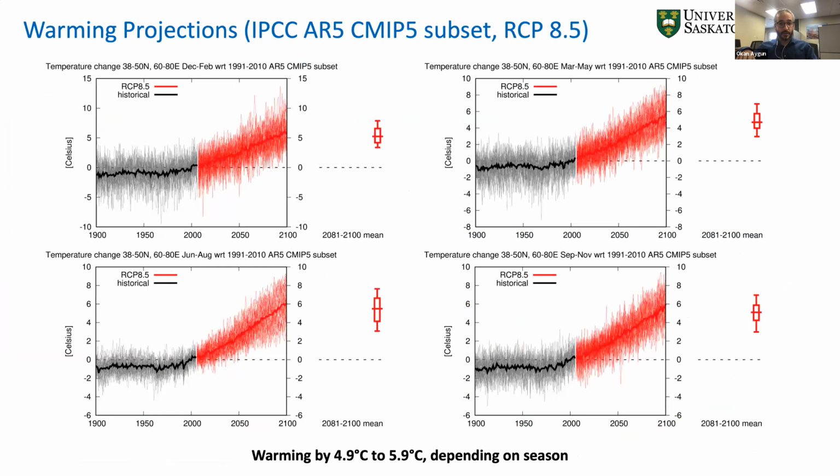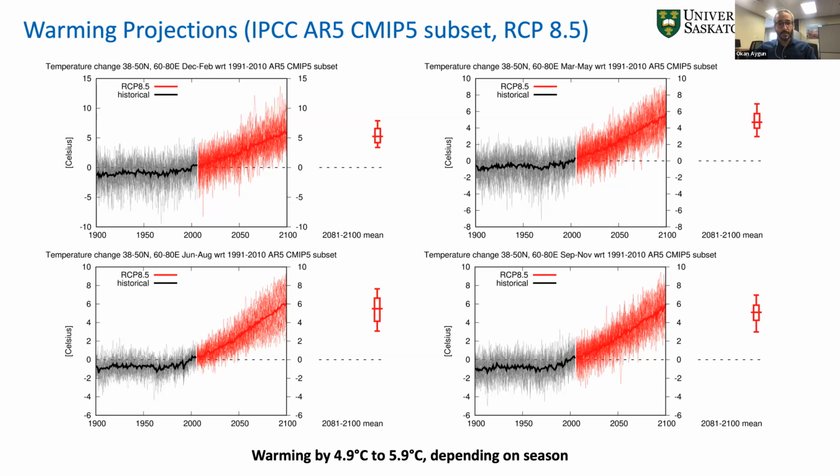Next, in order to find out the impact of future warming on the basin hydrology, we used the KNMI Climate Change Atlas to determine the seasonal warming in the region for the 2081-2100 period, using the IPCC AR5 CMIP5 subset based on RCP 8.5.